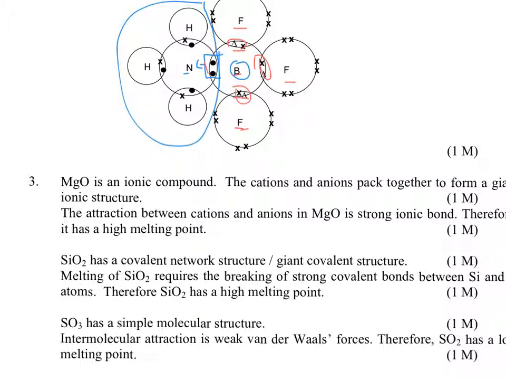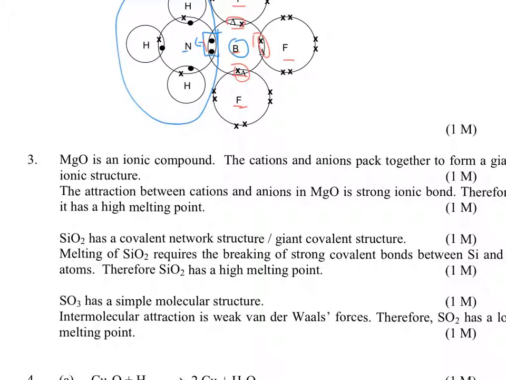I find in the question paper it should be to explain the difference in melting points of these 3 compounds. So for each type of compound, you need to answer the melting point in terms of structure and bonding. So the solution should be something like this.